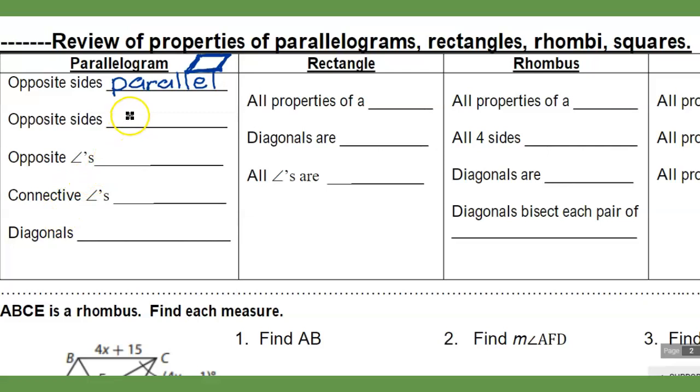And then opposite sides are also congruent. Right, that was the first theorem we saw. The next theorem about parallelograms, that opposite angles are congruent. Next, we know consecutive angles are supplementary.